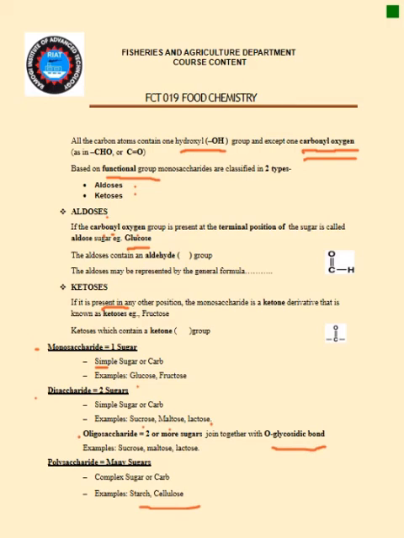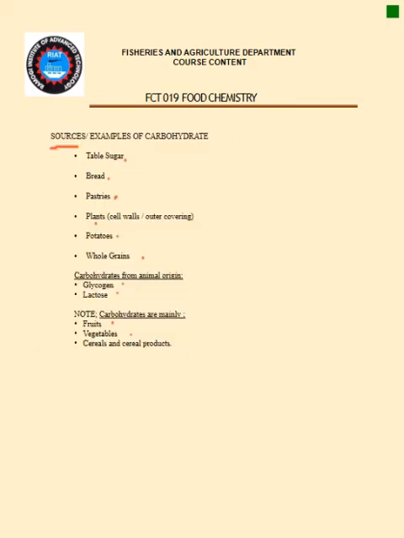Now, we need to discuss sources of carbohydrates and examples of carbohydrates. Generally, apart from glycogen and lactose, carbohydrates are normally from plant origins, and mostly they are from fruits, vegetables, and cereals.